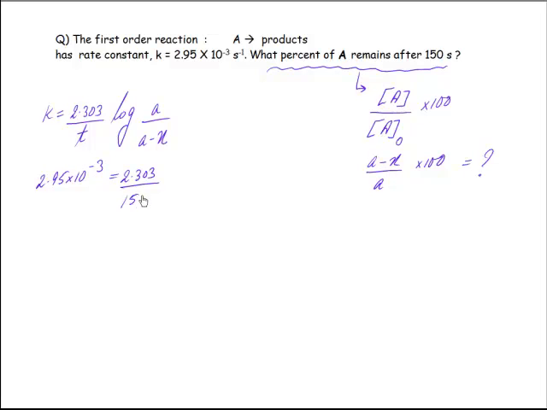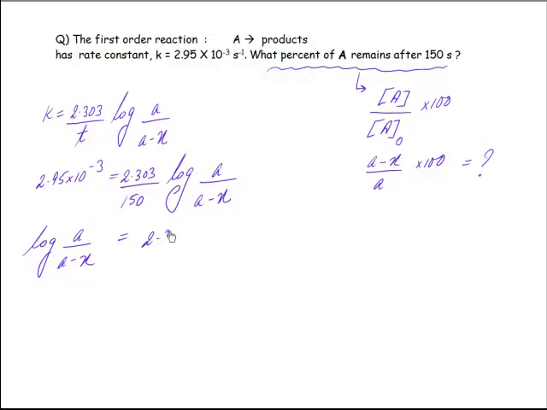We even know the value of time, 150 seconds. What we don't know is A upon A minus X, but what we need is (A minus X) upon A. So let's rearrange and make log of A upon A minus X the subject of the formula.